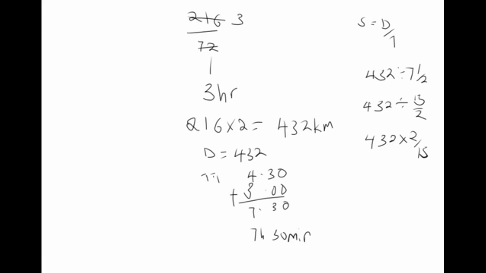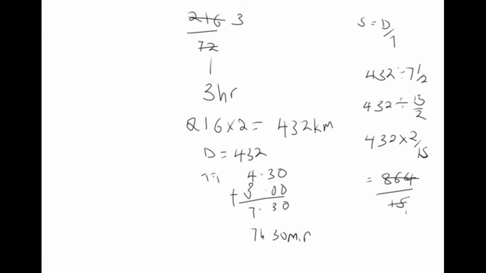Then from there we can simplify. 432 times 2, we get 864. 864 over 15. By 15, 1.